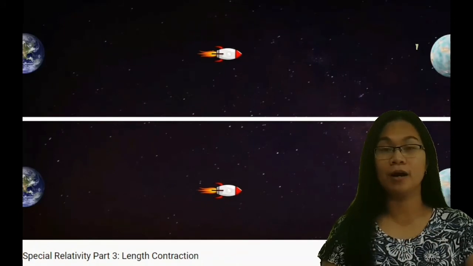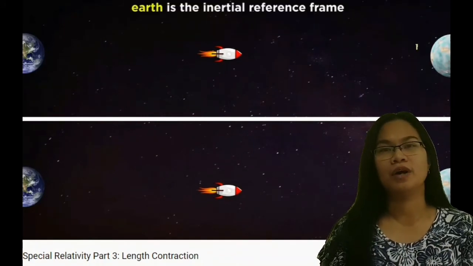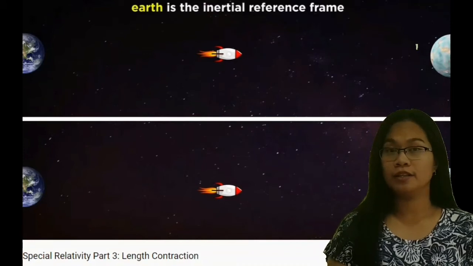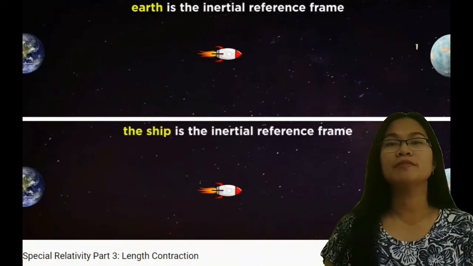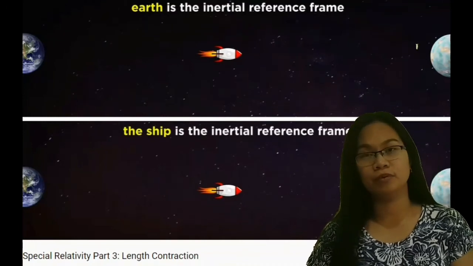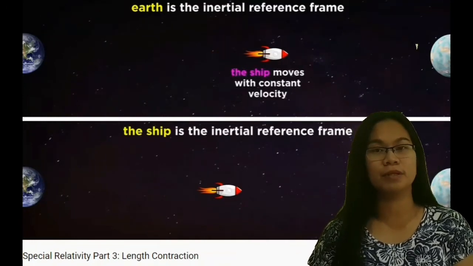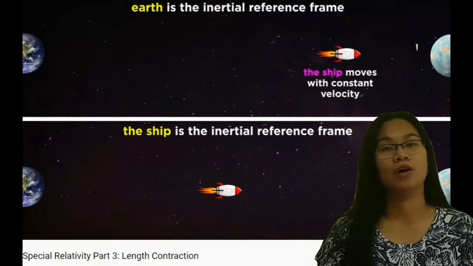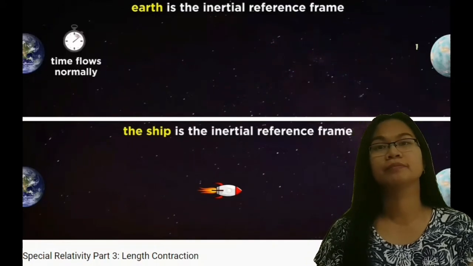So you have here, on the illustration above, the observer is on Earth. So the observer on Earth will see the distance between two planets to be L naught, or that is the proper length.